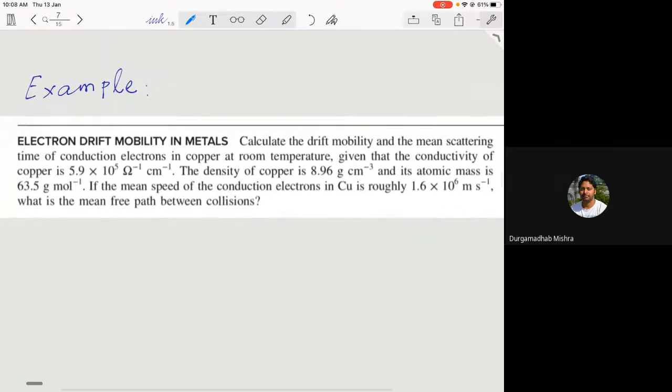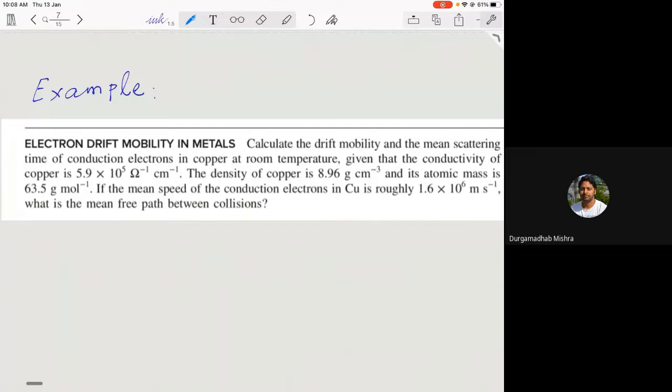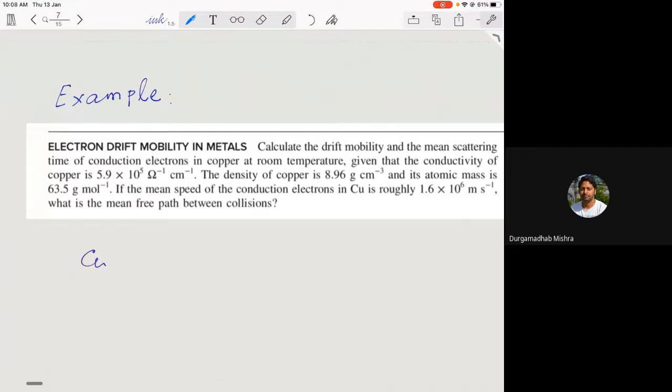So we want to calculate the drift mobility and tau, the mean scattering time, of copper at room temperature, and what is given is the conductivity: 5.9 times 10 to the power 5 ohm inverse centimeter inverse. We have the density, which is 8.96 gram per centimeter cube, and the atomic mass is 63.5 gram per mole.